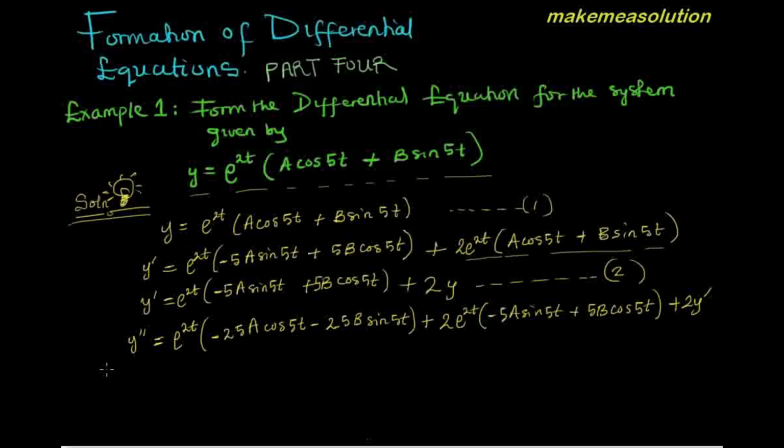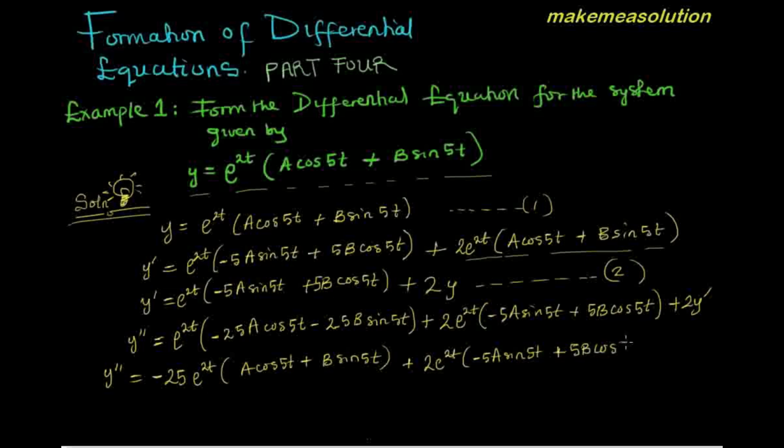Now you agree with me that if we restructure our y prime prime, I can see some repetitive parameters. I'll factor out minus 25. You will now see e^(2t) into a cos 5t plus b sin 5t, then plus 2e^(2t), then we have minus 5a sin 5t plus 5b cos 5t, plus 2y prime.